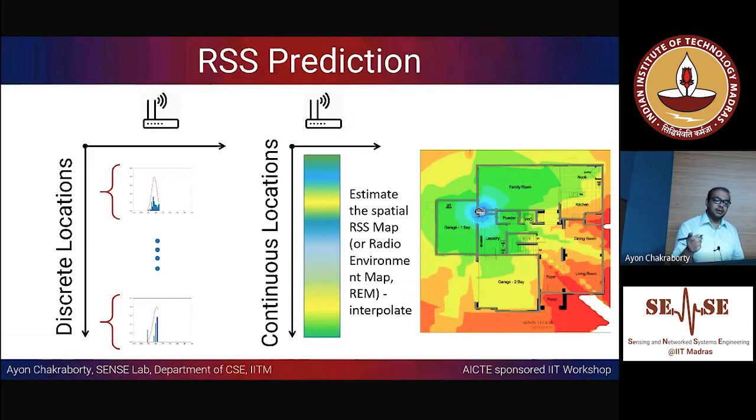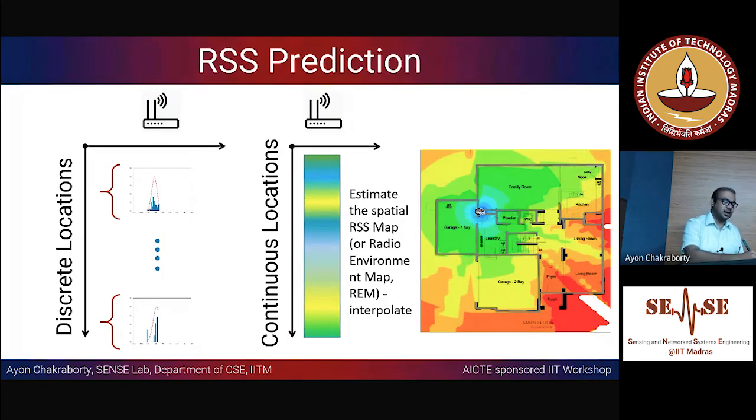The other thing was, for continuous locations, you can think that the entire space is continuous. Instead of having a discretized set of values or locations, you can create a spatial map of RSS, which is also known as the radio map. This is based on interpolation.